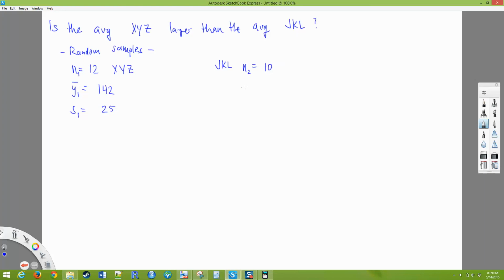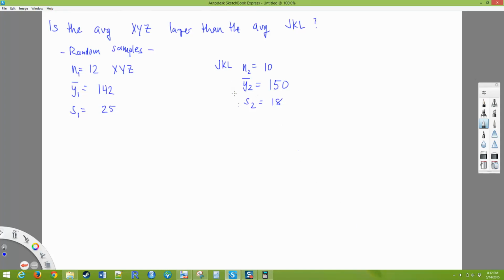We get 10 random ones of these. Y bar 2, the average, is 150, and the standard deviation will be 18. Okay, go ahead and try this out, and we'll go over our answer.